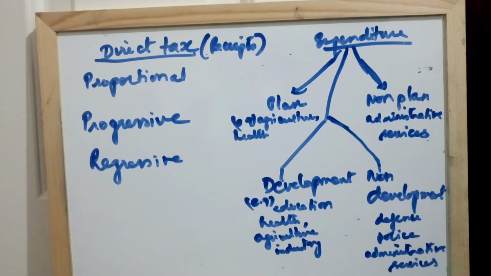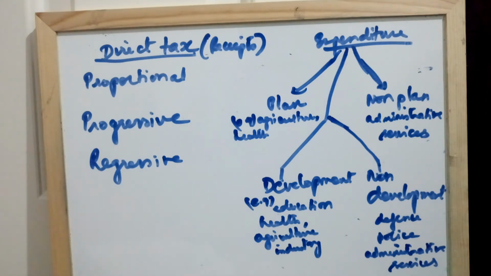So expenditure is termed as developmental expenditure if it directly adds to the flow of goods and services. And expenditure is non-development when it indirectly contributes to economic development.